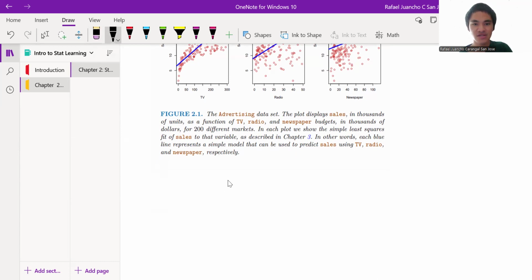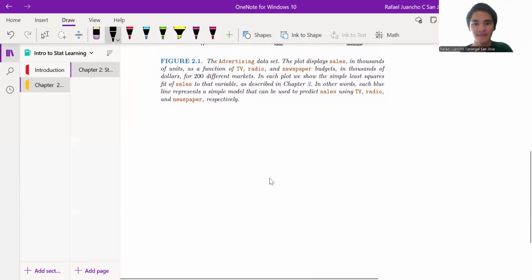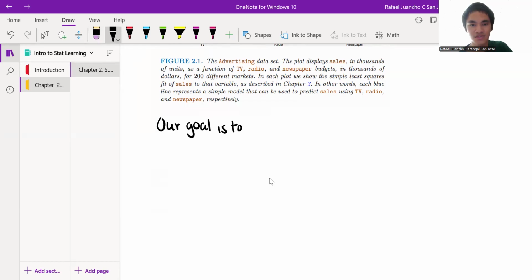We want to analyze the relationship between these two. And so one way of doing that is trying to determine some relationship. So how do we do that mathematically? Our goal is to find or develop some model to predict sales.